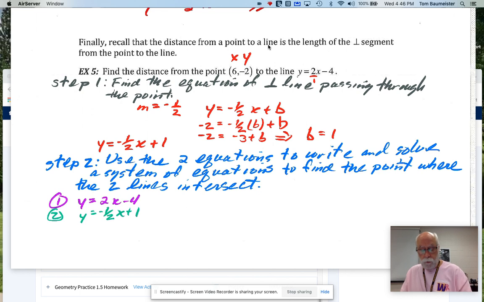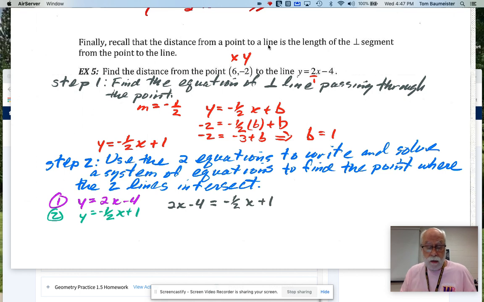So if you think about it here, if y equals 2x minus 4 and y equals negative 1/2 x plus 1, we can say that they equal each other. Again, I'll say it one more time. If y equals 2x minus 4 and y equals negative 1/2 x plus 1, we can say that they equal each other. So we can say that 2x minus 4 is equal to negative 1/2 x plus 1.